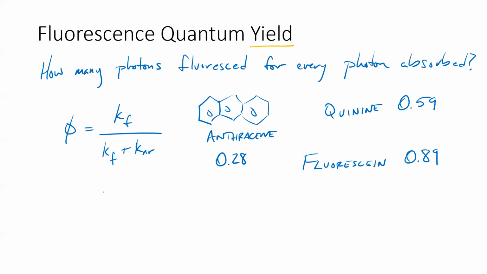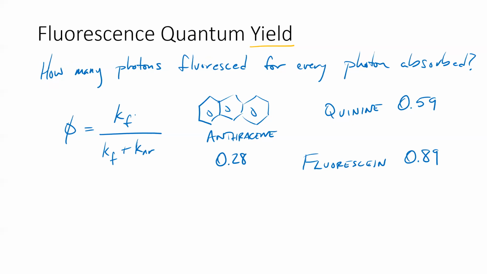Low quantum yield? Yeah, if we lower the quantum yield somehow. And so what would have to change in this equation for quantum yield in order for it to get smaller? A high rate constant for the non-radiative events?